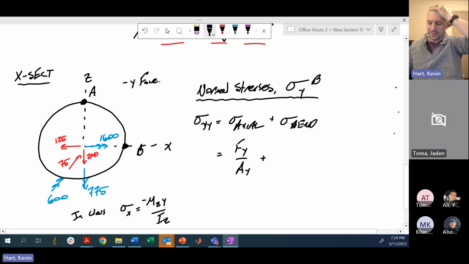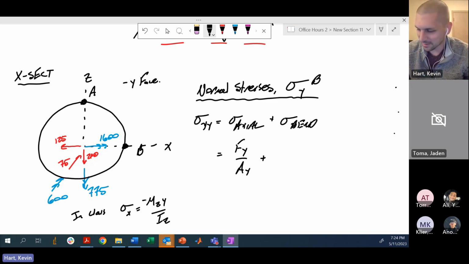This was very specific to the case that we were looking on the positive x face. You have to be careful when you're looking on other axes. In our situation, we happen to be looking on the negative y face, which makes this particular derivation kind of tricky.